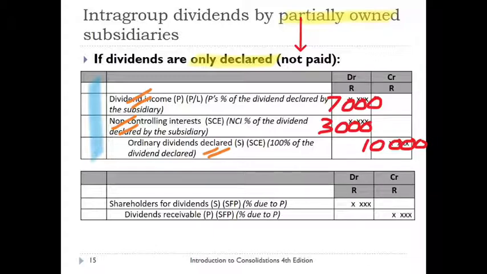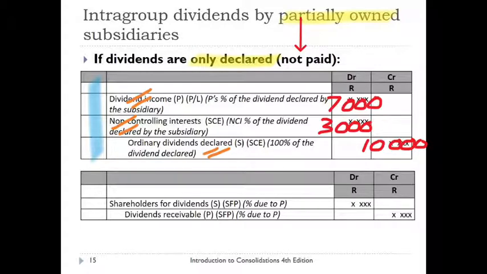Remember, when the dividend has not yet been paid by the subsidiary, it's still owed. There's still a liability, shareholders for dividends, coming from the separate financial statements of S, and there's a dividend receivable by B from S that also represents an intra-group balance.